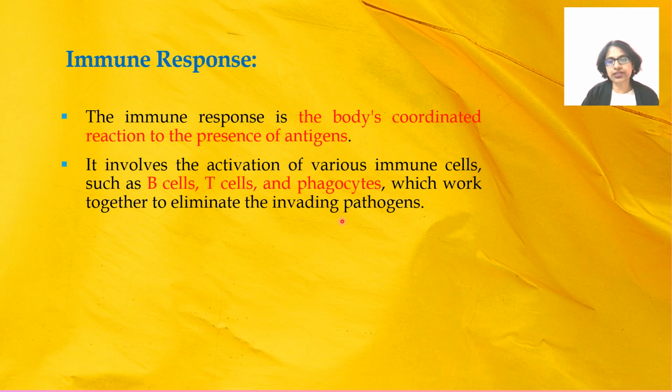Phagocytes are the cell-eating cells, and they work together to eliminate invading pathogens. What do we mean by invading pathogens? These are the microorganisms that attack our body. At that time, our B lymphocytes, T lymphocytes and phagocytes will be activated and try to protect us from the pathogens.